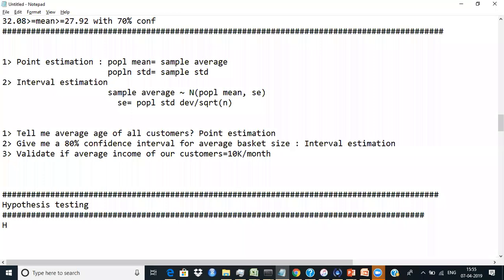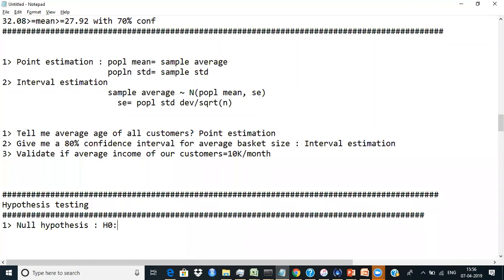So in hypothesis testing, there are a few things that are mandatory in the framework. The first thing that is mandatory is that preconceived notion, because that's what you are testing. That preconceived notion is known as the null hypothesis and is represented by H0.